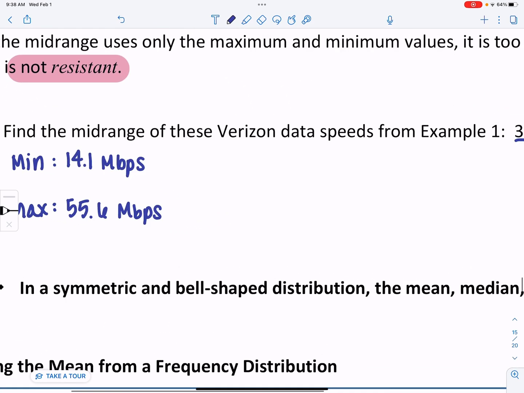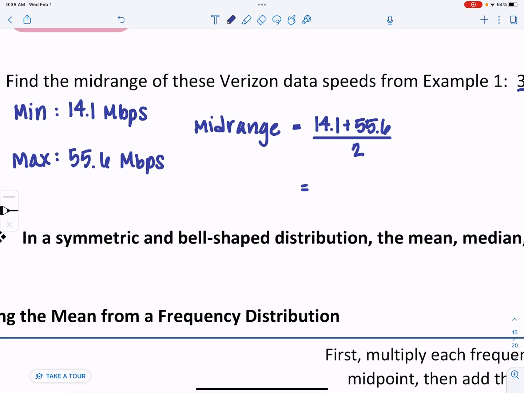So to calculate the mid-range, we add the min and the max and divide by 2. That gives us a mid-range of 34.85, because we want to go 1 decimal past our data values, and that is megabytes per second.